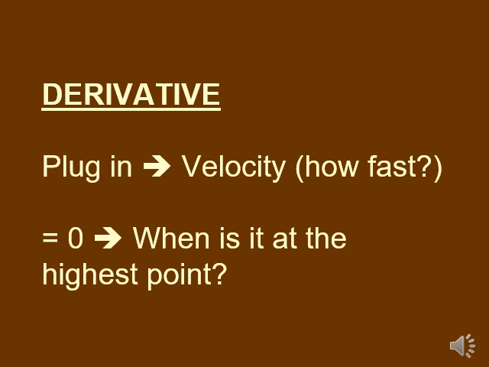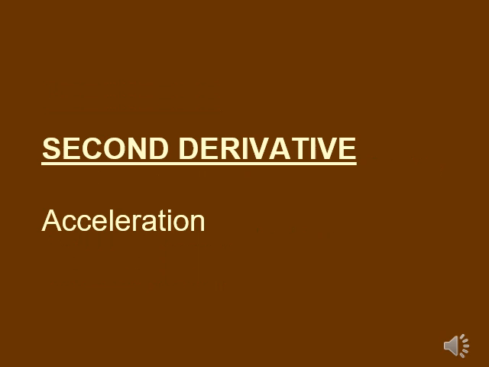If you find the derivative, which you pretty much do on every problem, plugging into it will tell you the velocity or answer the question, how fast is something moving? And if you set the derivative equal to 0, it'll tell you when it's at its highest point. And the second derivative tells you the acceleration. That's just how fast the velocity is changing, so second derivative, acceleration.